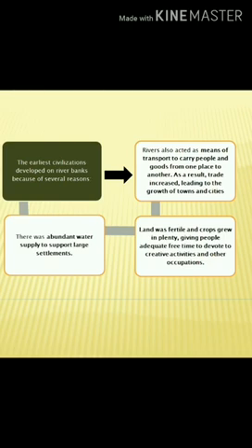Another reason was land was fertile and crops grew in plenty, giving people adequate free time to devote to creative activities and other occupations. Another most important reason was abundant water supply to support large settlements.